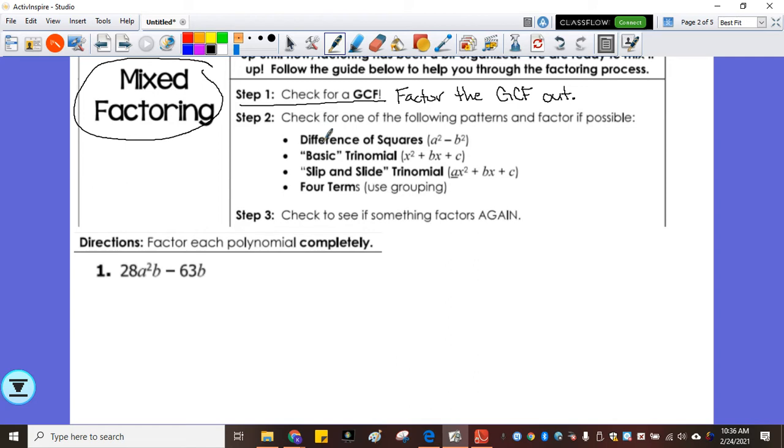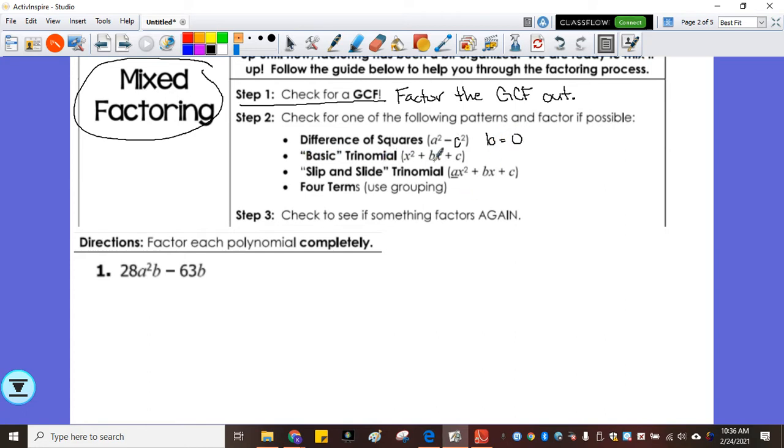We started with factoring, and our second day was difference of squares. I change this letter to a C. And that's when there was no middle number, so B would equal 0.